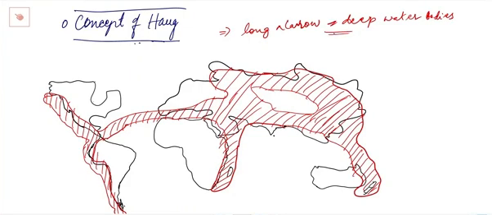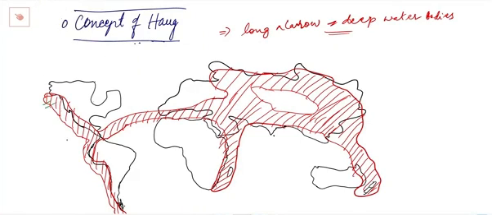This is what Haug defined, and he demonstrated geosynclines by producing the evidence of a paleogeographical map of the world. So this is the paleogeographical map of the world we can see here.